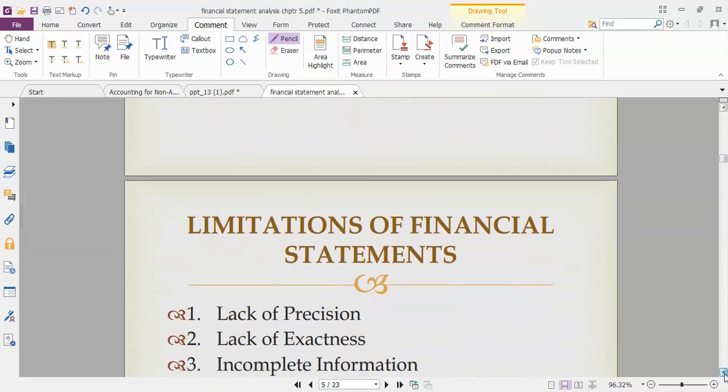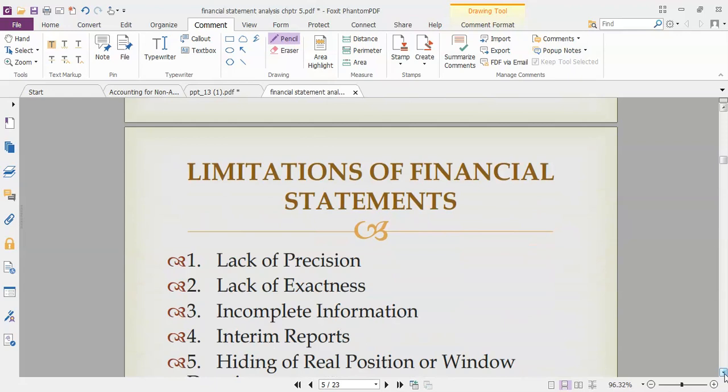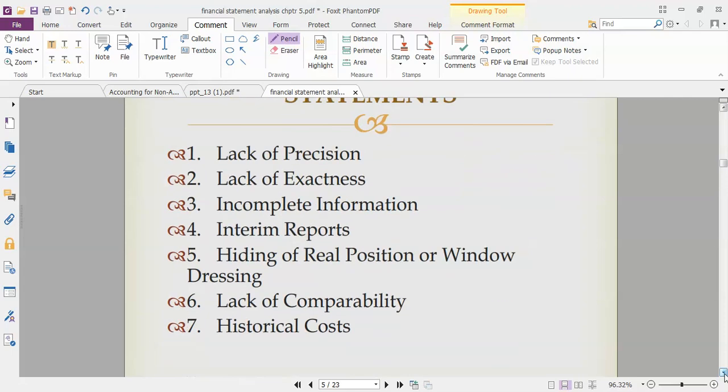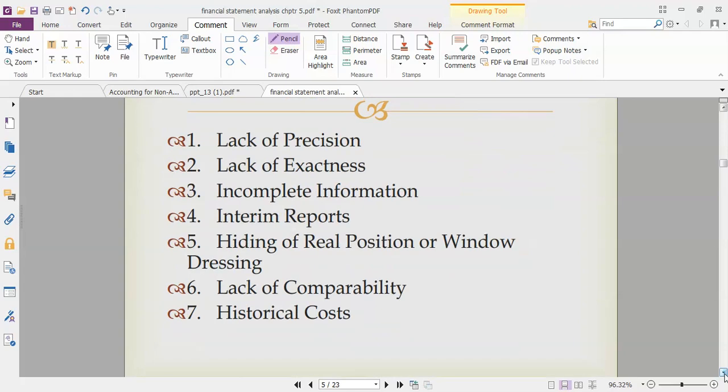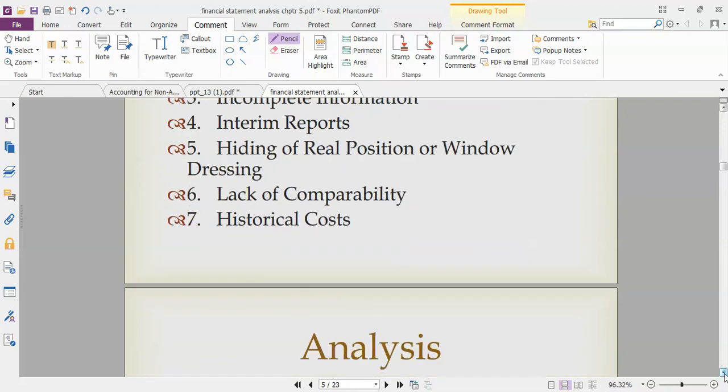But the financial statement also has limitations. For example, lack of precision, lack of exactness, incomplete information, interim reports, something like that. The historical cost, because we record all the values that already passed, not the current value.